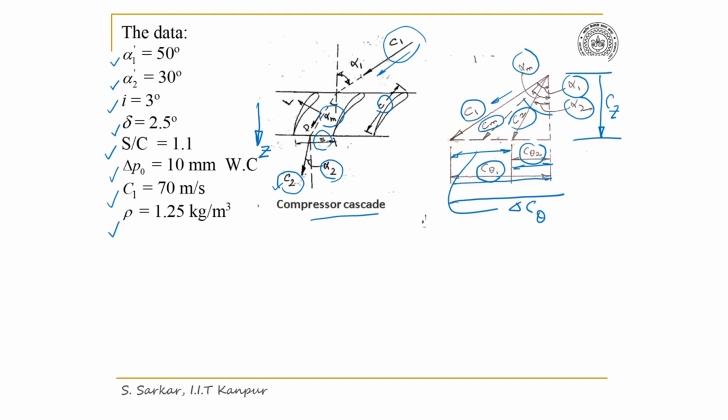Now flow angle alpha 1 can be written as alpha 1 dash plus i. Now both the values of alpha 1 dash and i are given. So if you sum these two, it will be 53 degree.